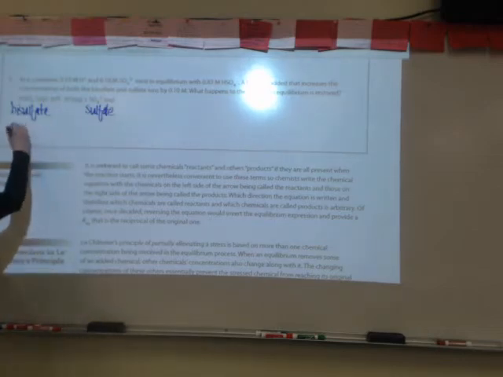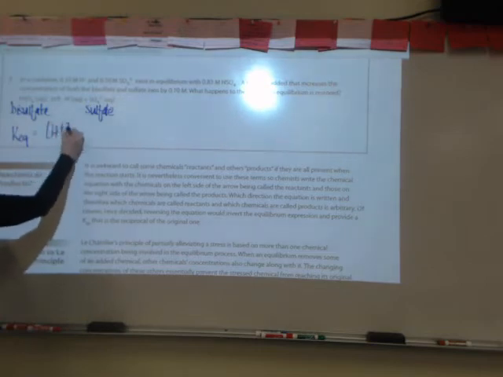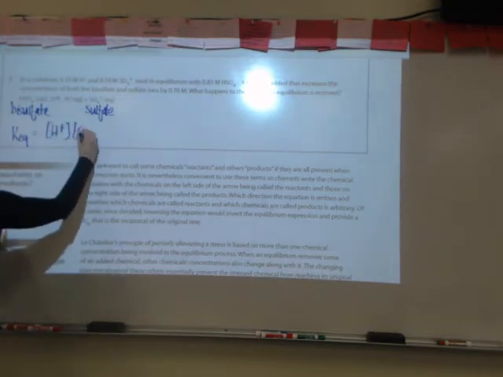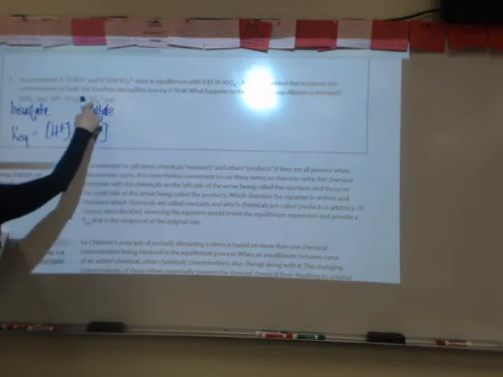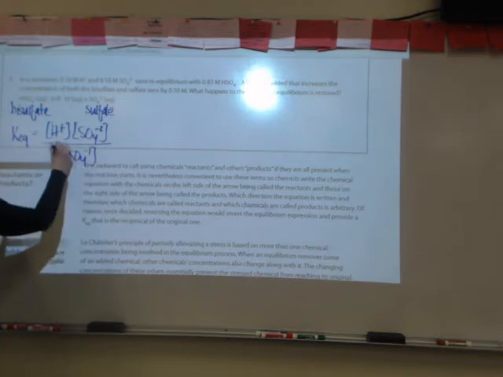Okay, so KEQ is equal to the H plus concentration here times the SO4 concentration here all over the HSO4 concentration on the bottom.